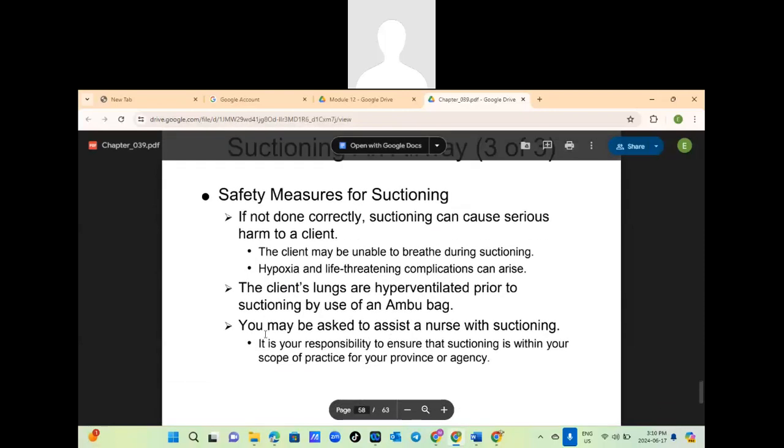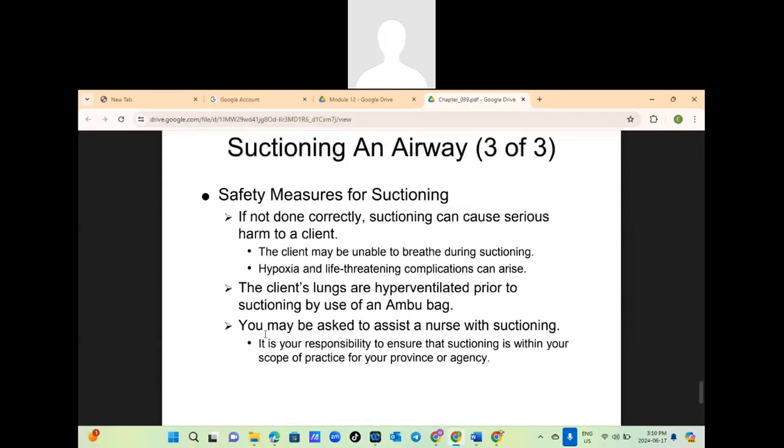Safety measures for suctioning the airways. All right, we have that one.